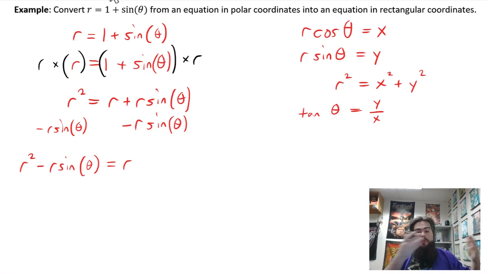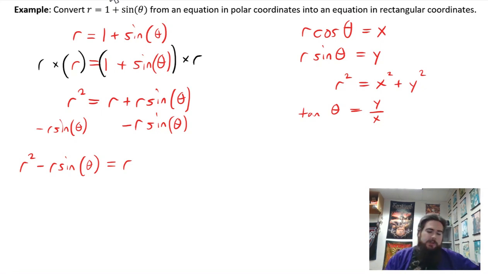This groups all the stuff that I already have worked with on the left side, and I just need to fix the thing on the right, which is just r. If I try to multiply both sides of this equation by r again, well, that would fix the right side, but the left side would become messed up again.